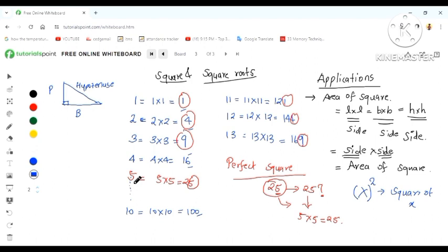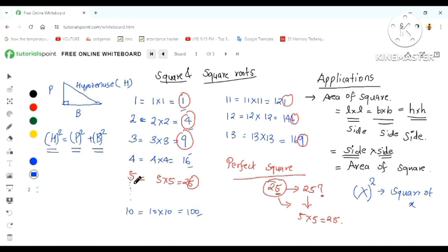So what is the Pythagoras theorem? Let's represent the hypotenuse as h. The hypotenuse square is equal to perpendicular square plus base square. Now you see that here we are also using the concept of square numbers.